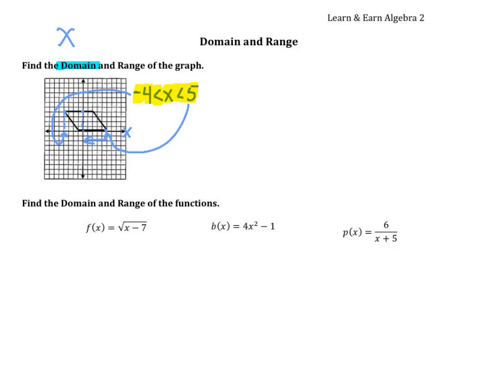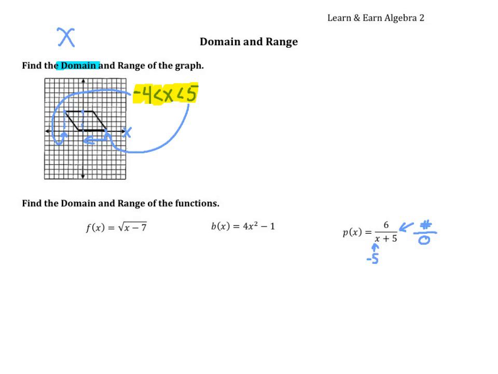Now, to find the domain of functions, you need to figure out where x values do not work. Well, let's take a look at this last one here. What I want you to notice is the division sign. If you remember, you cannot take a number on top and divide by 0. So you need to ask yourself, what value of x would make the bottom part 0?